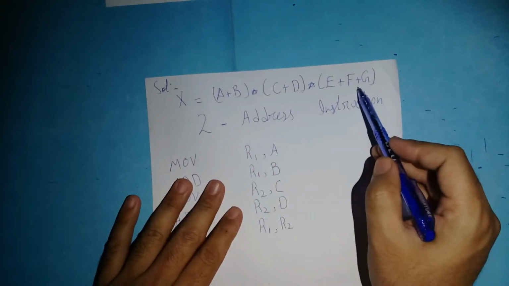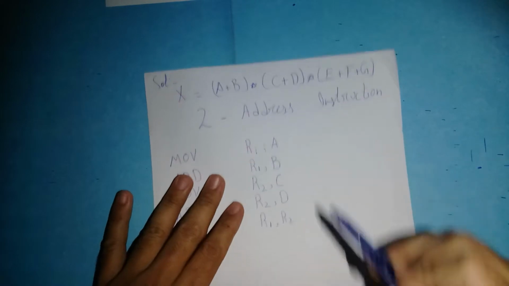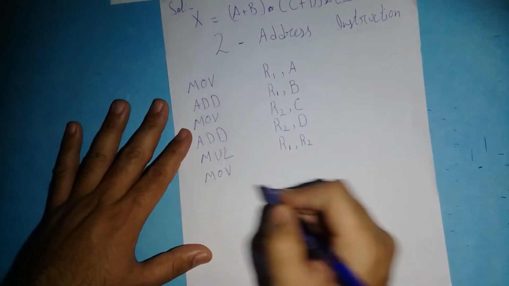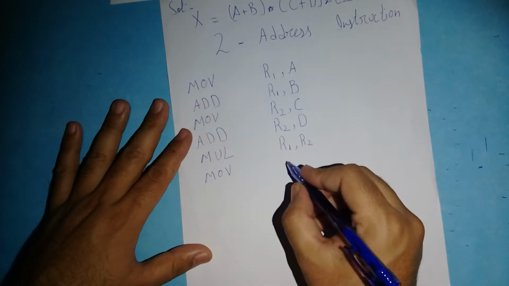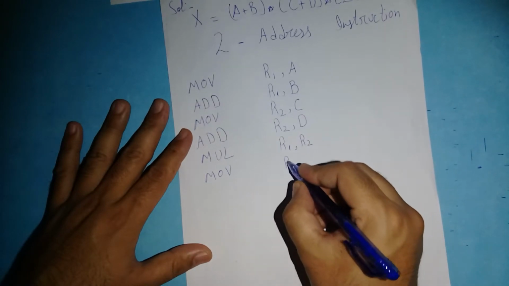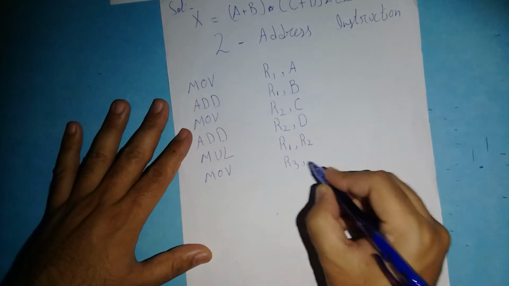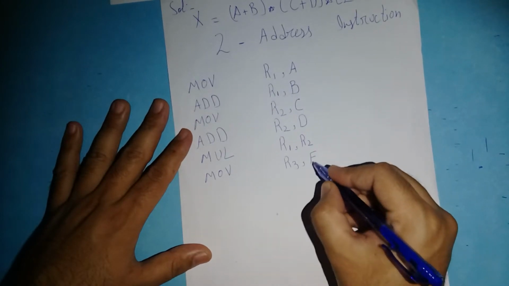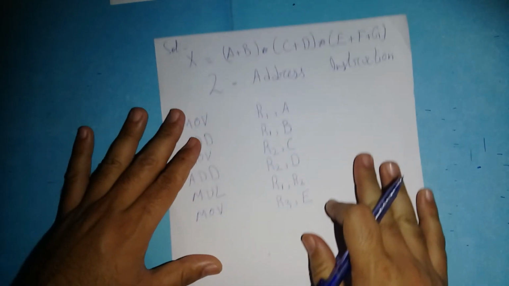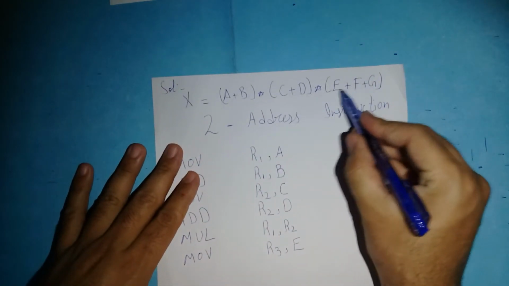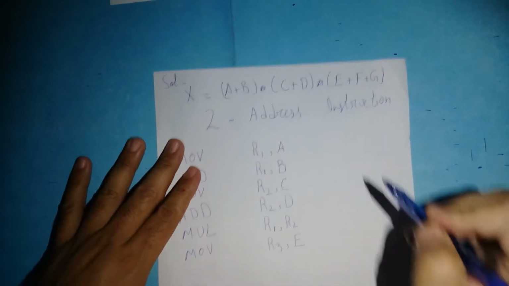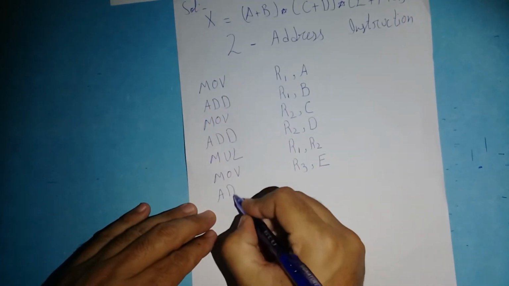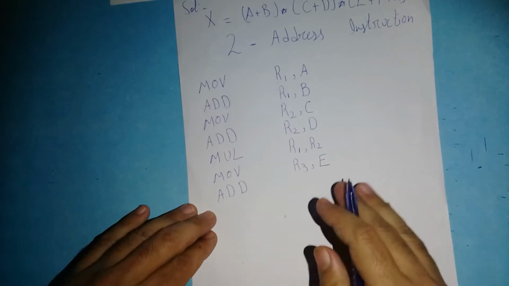The first variable in the third bracket is E. So again I'm going to write down MOVE firstly, then I take the third register, which I name R3, and in R3 I move the value of the variable E. Now in the bracket, E is going to be added with F, so I write down the operation ADD.